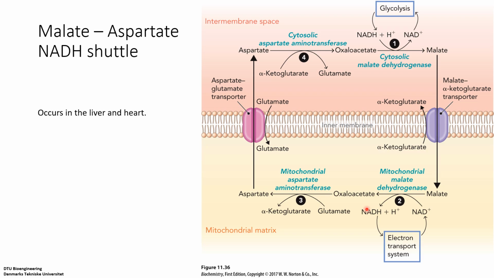There's of course a cost here, and that's the transport of malate and the antiport of aspartate glutamate. So we have to have glutamate production from somewhere else in the body, and that's why this is only in key vital organs, and then we rely on glutamate and alpha-ketoglutarate production in other parts of the body.